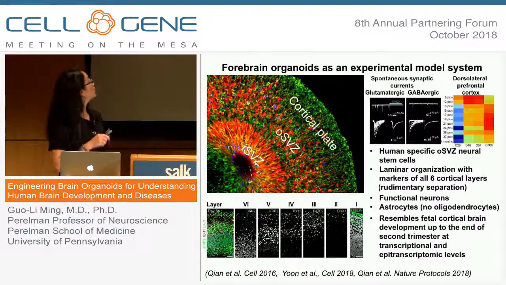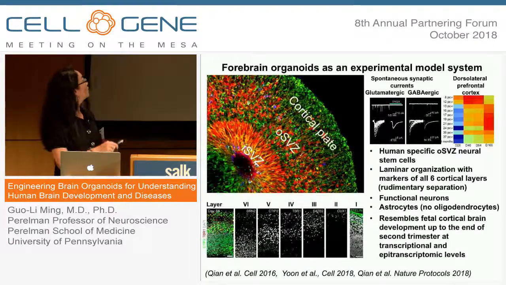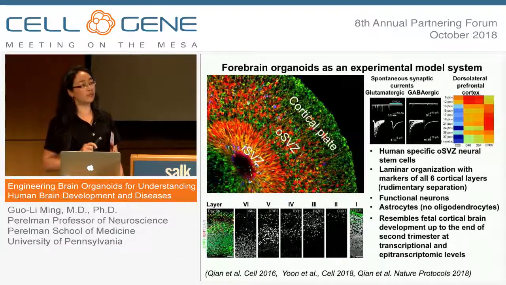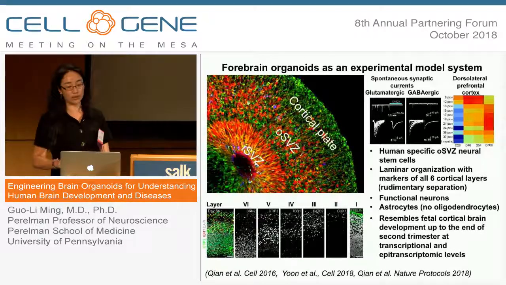So usually, as you can see here, because most of the stem cells are localized inside, you get this loss of the stem cell population that will limit the further maturation of these organoids.